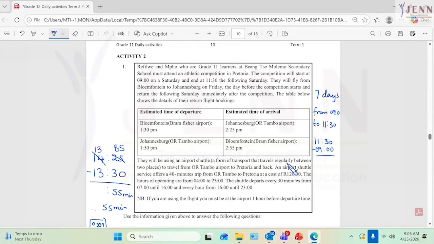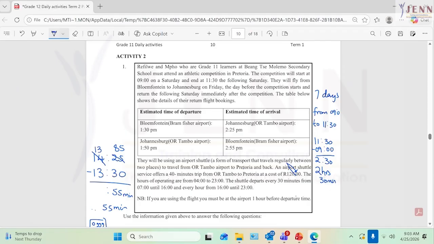Like I said, you can use your calculator or you can do it the old way. So 30 minus 0 is 30, then 11 minus 9 is 2. But remember, we are talking about duration, not time. So it's 2 hours and 30 minutes.